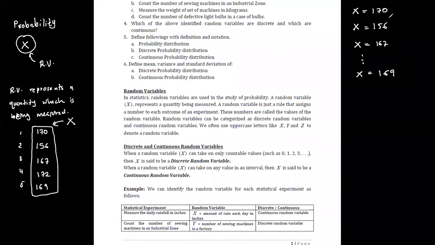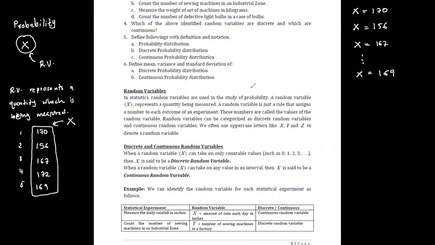With this example, you can see that there is a set of values which can be assigned as the value of x, and this assigned value is the quantity that we have measured. That is why we can say that a random variable represents a quantity which is being measured.